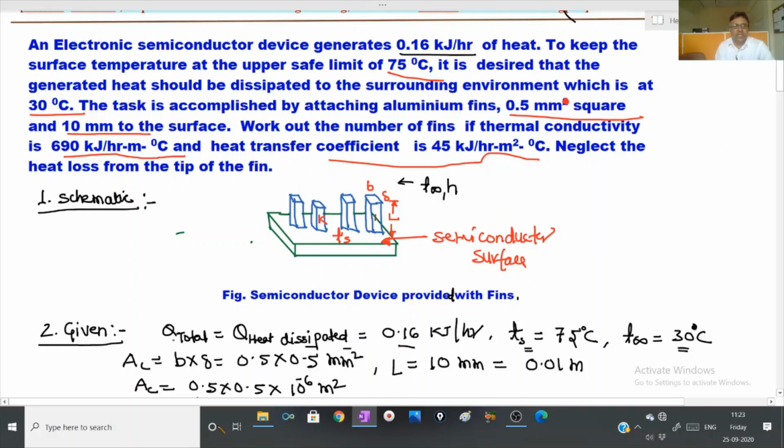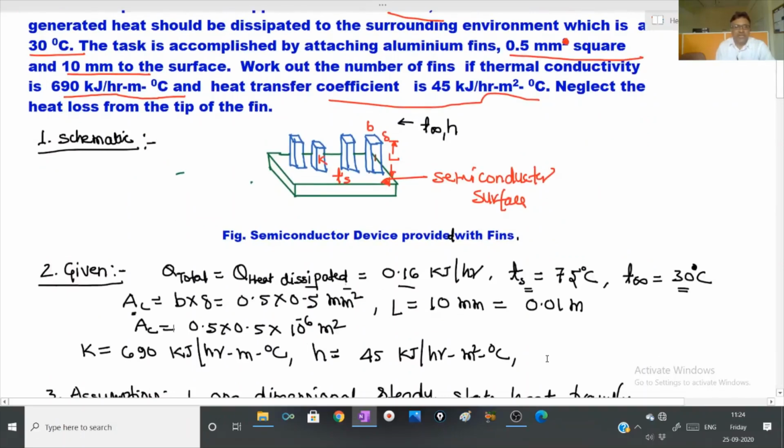The cross-section of the aluminum fins provided is of square shape, so its cross-sectional area will be B by delta, 0.5 by 0.5 mm square. The length of the fin protruded from the base surface is 10 mm, that is 0.01 meter.